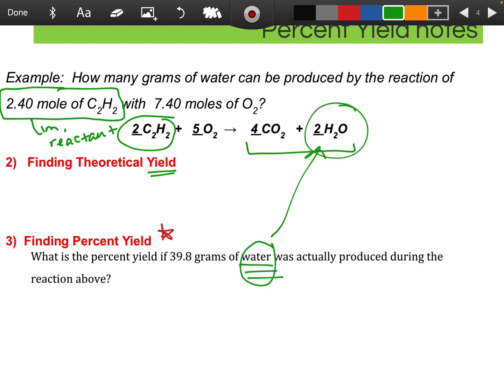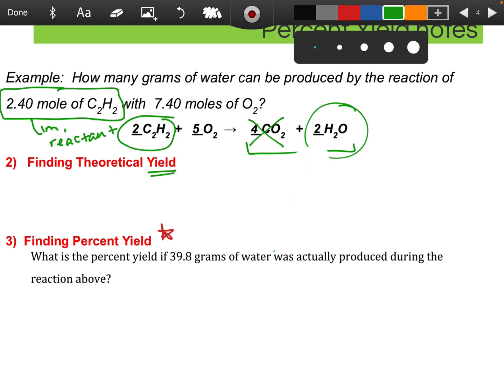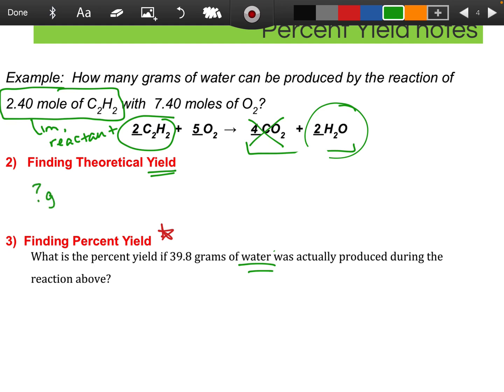CO2 is produced in the reaction, but for this specific example, it doesn't matter to us because we want to know how much water should be produced so we can compare it to how much was actually produced. So we want to know how many grams of water will be produced when this C2H2 runs out first. We have to start with the C2H2 that's given in the problem.